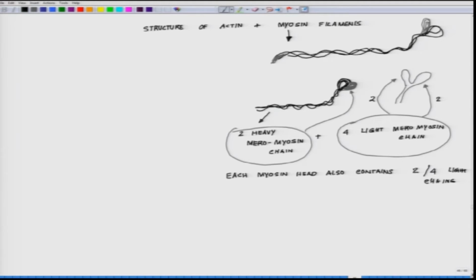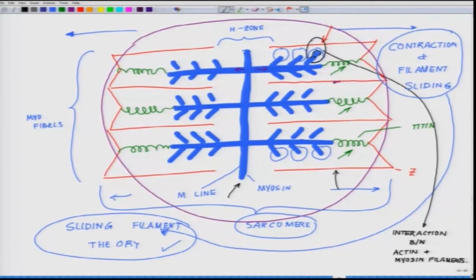I will come later to what the cross bridge is. The cross bridge essentially is, let me go back here, this zone that you see here, this is termed the cross bridge.